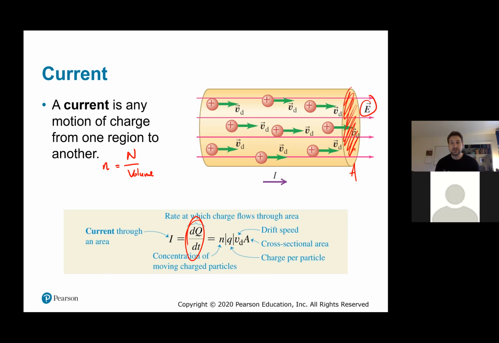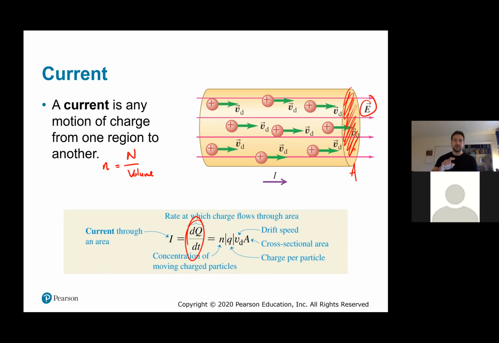Suppose that they do so at constant velocity, or maybe average velocity, that each one is maybe moving at a slightly different speed, but if we average over the whole collection, on average they're moving to the right with drift speed v sub d, for drift.